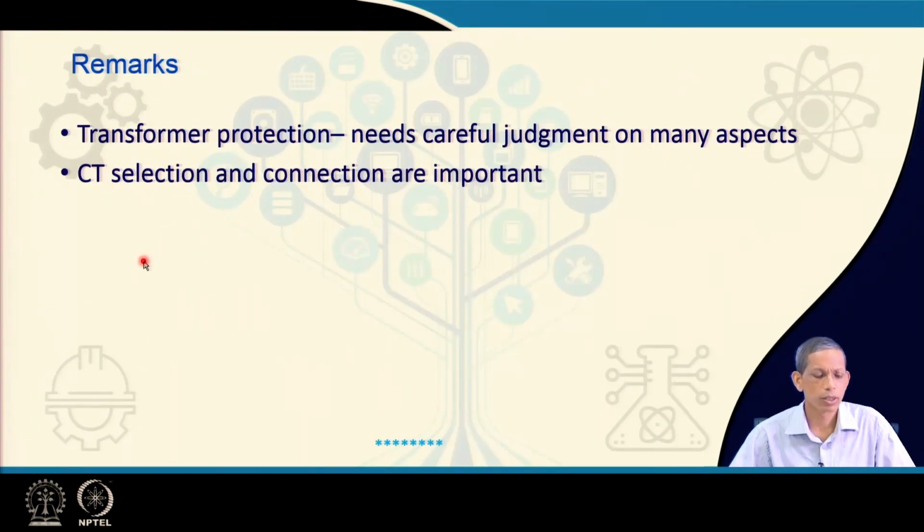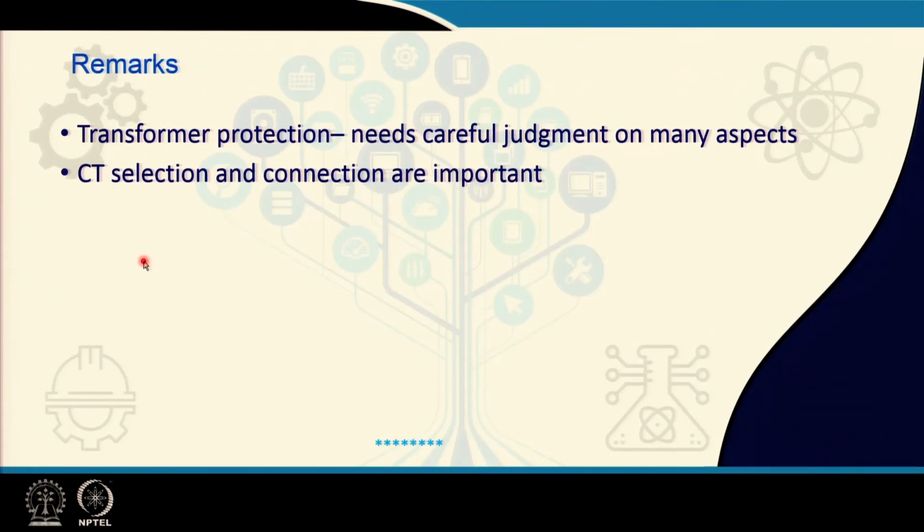So, overall we see that transformer protection needs careful judgment on many aspects, including mechanical failure, thermal failure, and allied things. Finally, through an example, we see that CT selection is important, and upon availability, the different CT ratios must be considered.